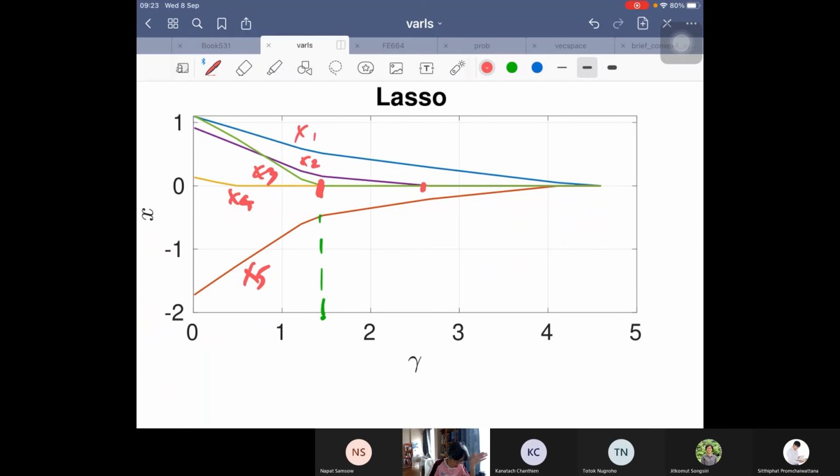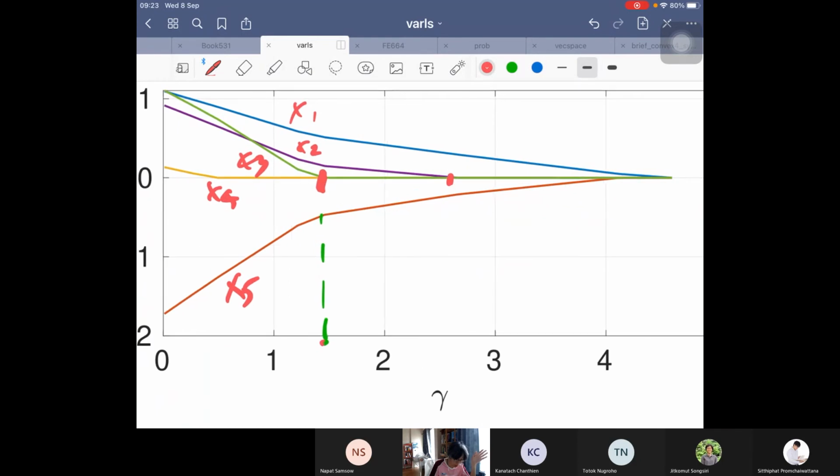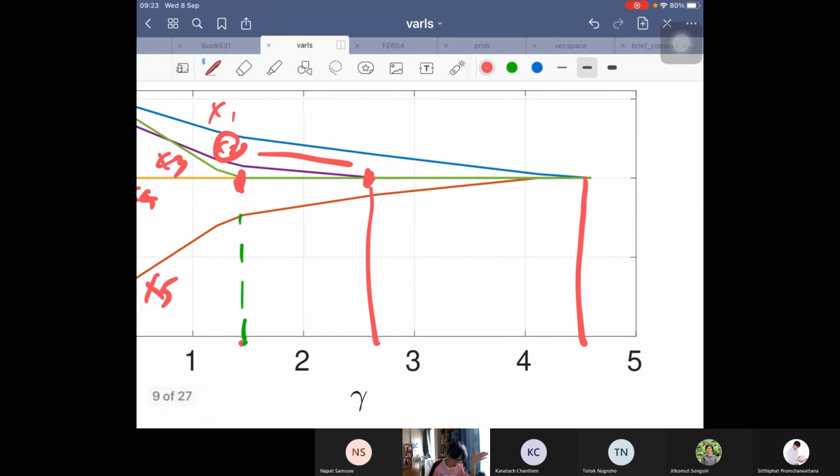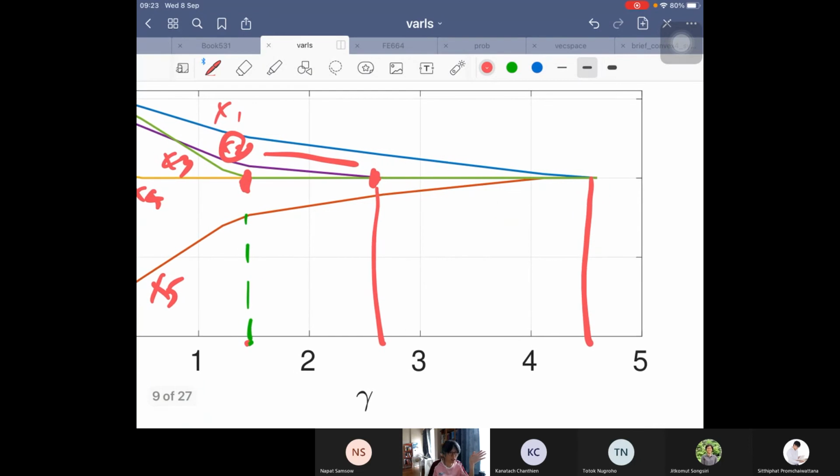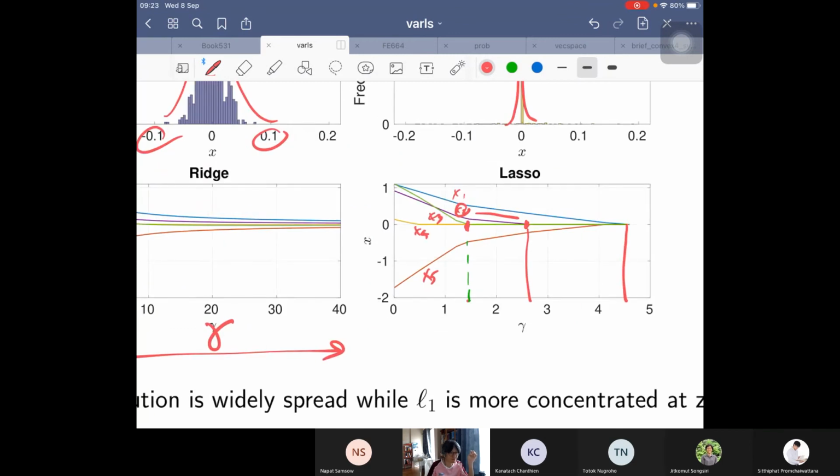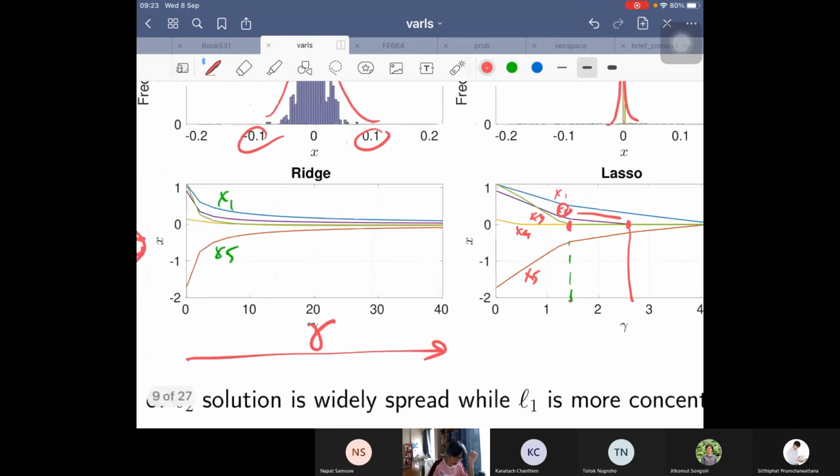When gamma is around point something, my x4 and x3 are exactly 0. As I increase gamma, now x2 becomes 0. And when gamma is 4 something, all of my x are 0. Completely sparse, a zero solution.